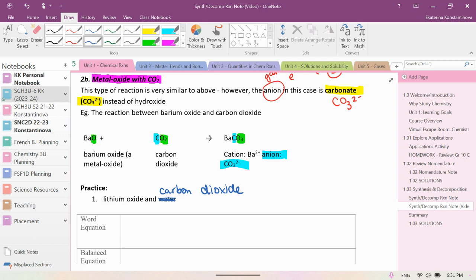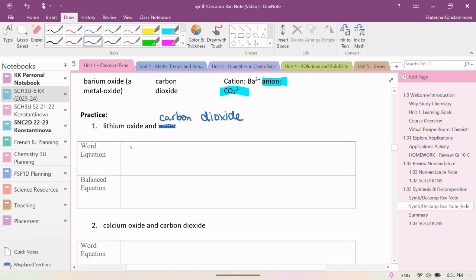Let's try it out. Our word equation is lithium oxide, remember all lowercase, plus carbon dioxide will produce, what will it produce? Well, remember, you need to identify what is the cation in your metallic oxide. In our case, it's lithium.